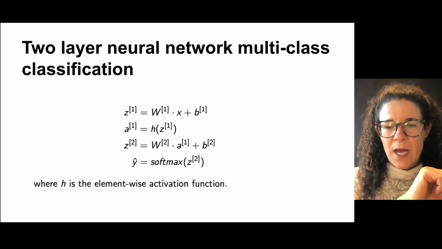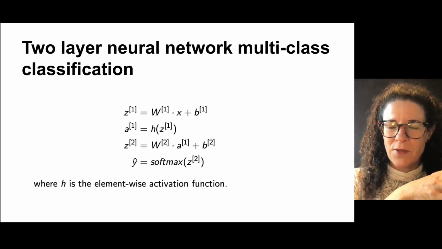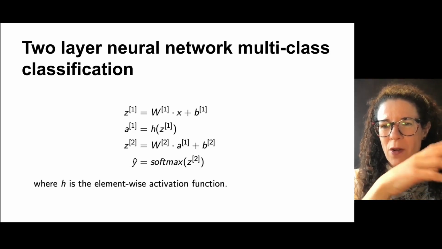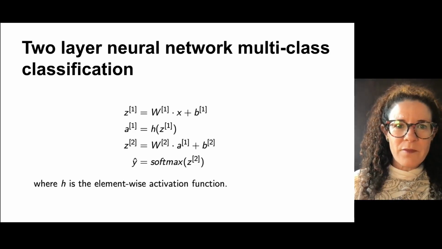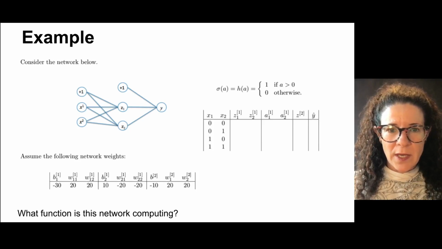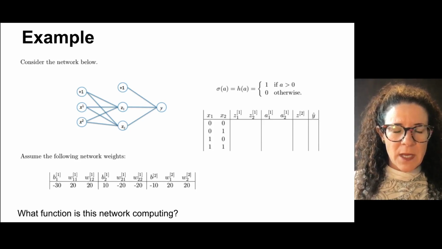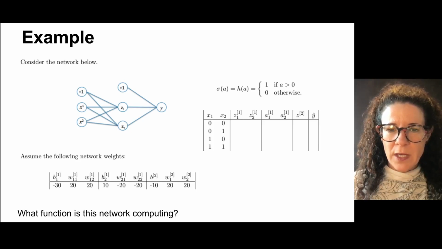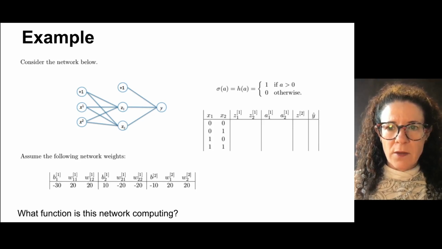Okay, I'm going to give you some intuition about these neural networks in the next few slides, and then we're going to come back to these equations later. Okay, first I am going to give you this example for later, so I would like you to use these particular values to compute y hat.